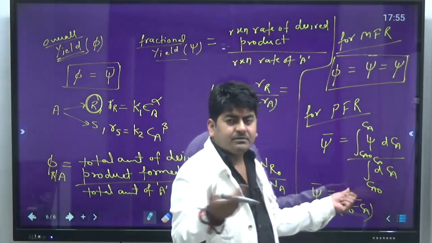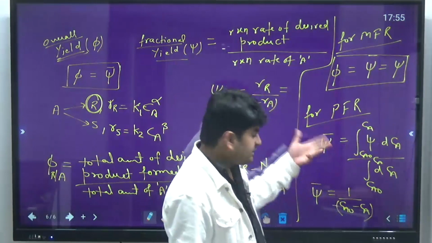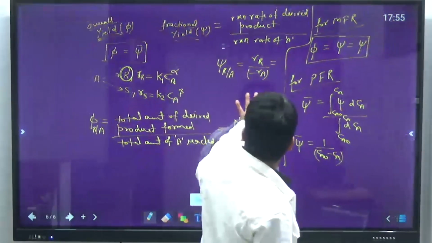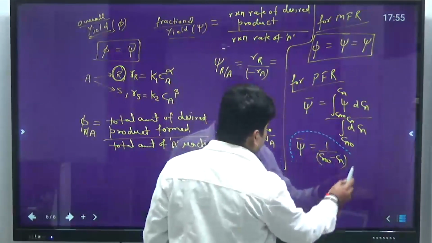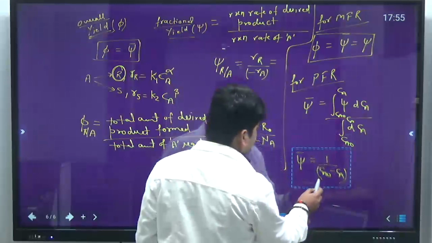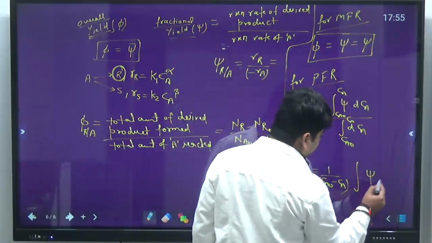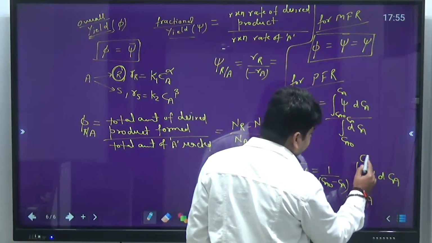If you take minus common, it will become Ca naught minus Ca. And if you put that minus in the integration, limits will change. So it will become integration of psi dCA, and limits will change, so it will become Ca to Ca naught.